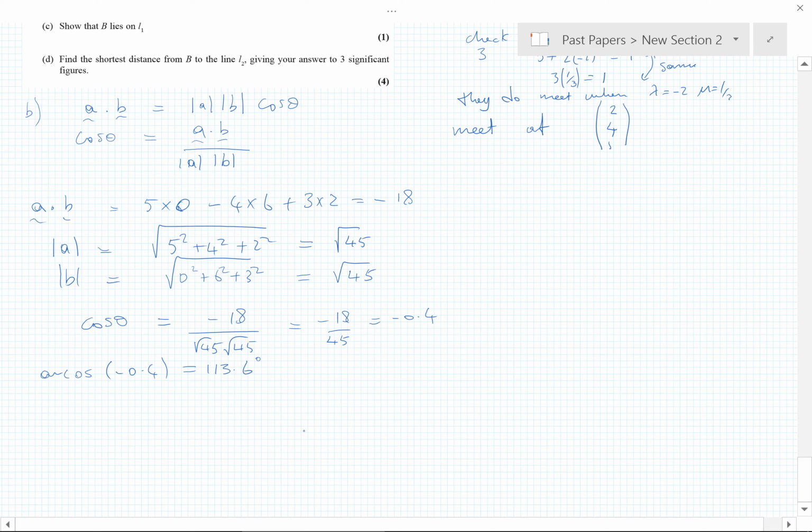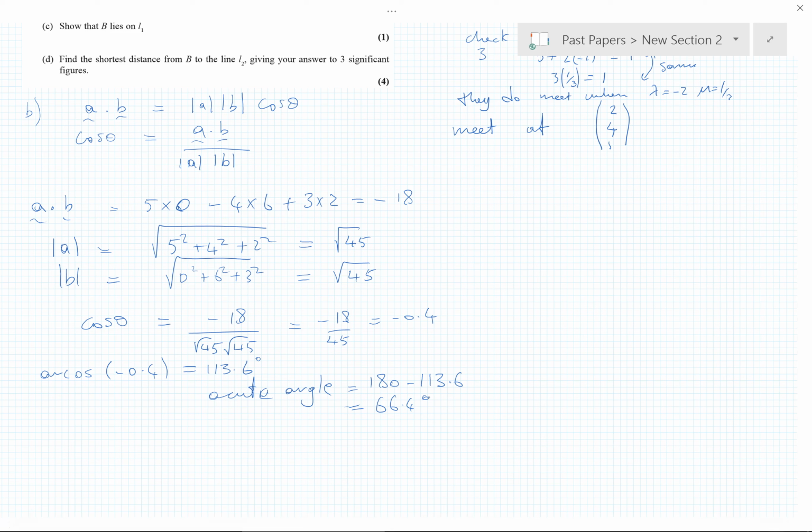So the acute angle is equal to 180 minus 113.6, which equals 66.4 degrees. Okay, so that's part C done.